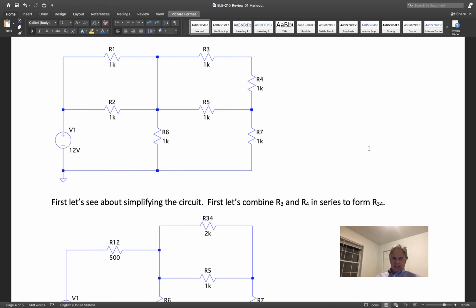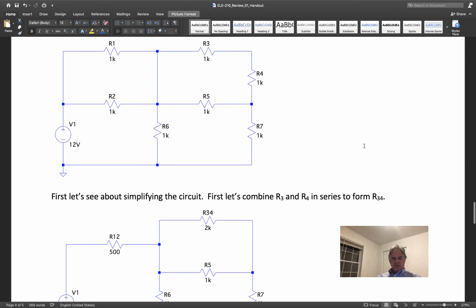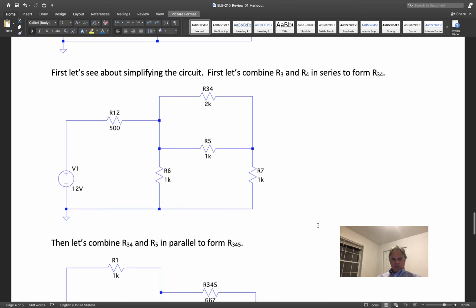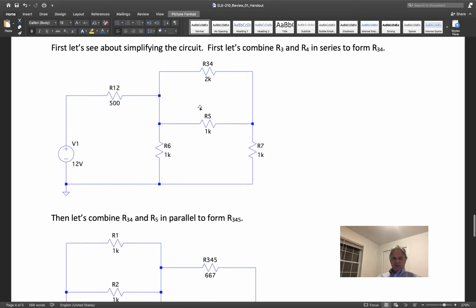But just as a review, I'm just going to go down here and attack this thing. What's the first thing we're going to do? We're going to combine R3 and R4 in series and call it R34, and that's a 2K resistor. We're then going to combine R34 and R5.